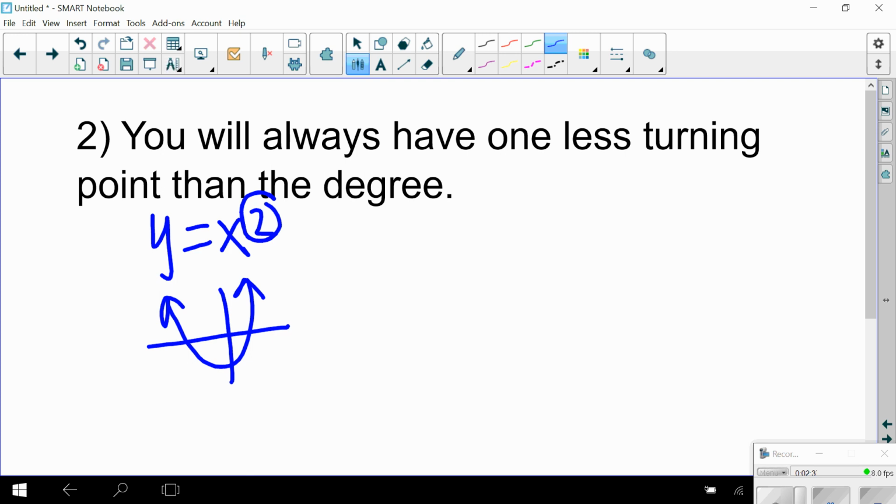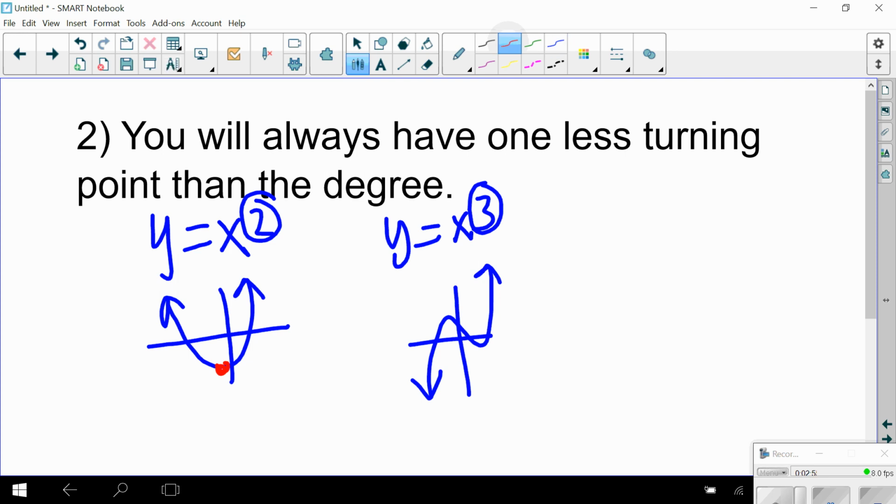My degree is 2, but I only have one turning point. Let's look at a cubic function. My degree is 3, but I have 2 turning points.